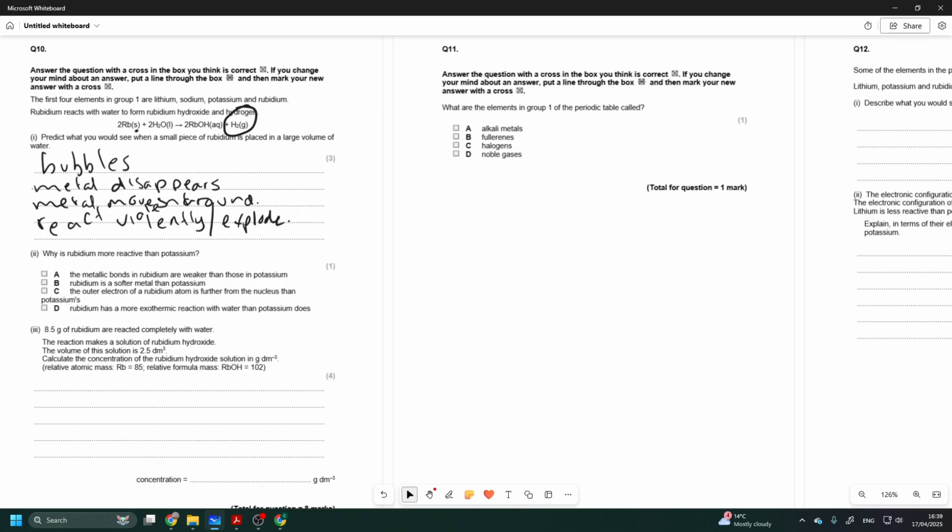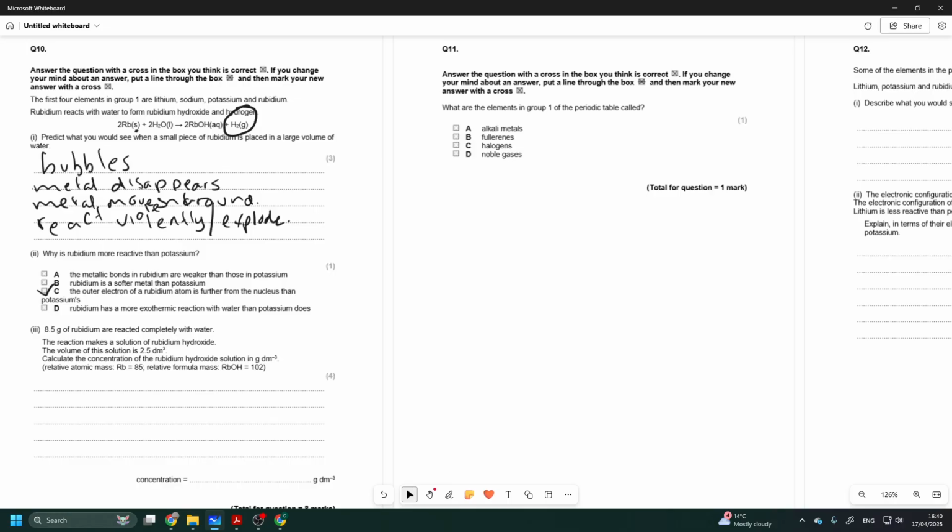My arm is pretty soft. Is it reactive? No. The outer electron of a rubidium atom is further from the nucleus than potassium's. That sounds like a credible answer. Rubidium has a more exothermic reaction with water than potassium does. That's probably true, but it doesn't explain why it's more reactive. So the answer is C.